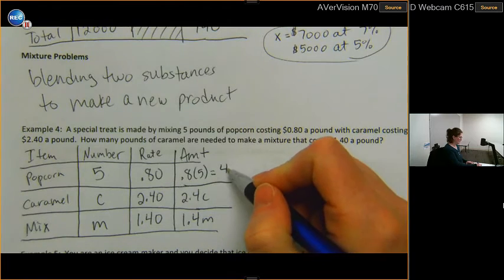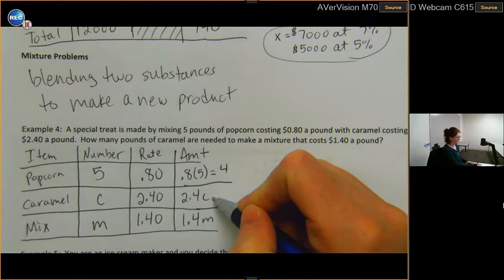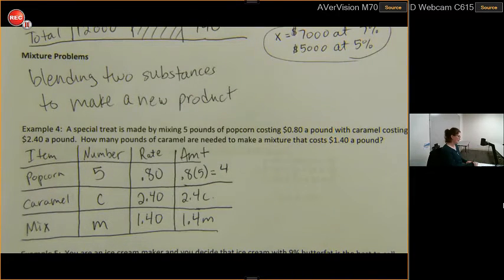So in our amount column, we can add 4 plus 2.4C equals 1.4M. But notice the rate does not add up. In fact, the mix is always going to be something in between the other two.